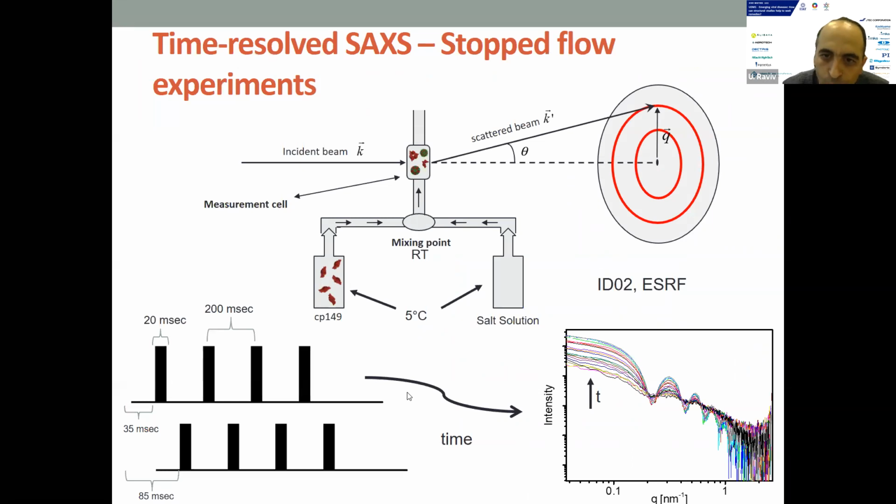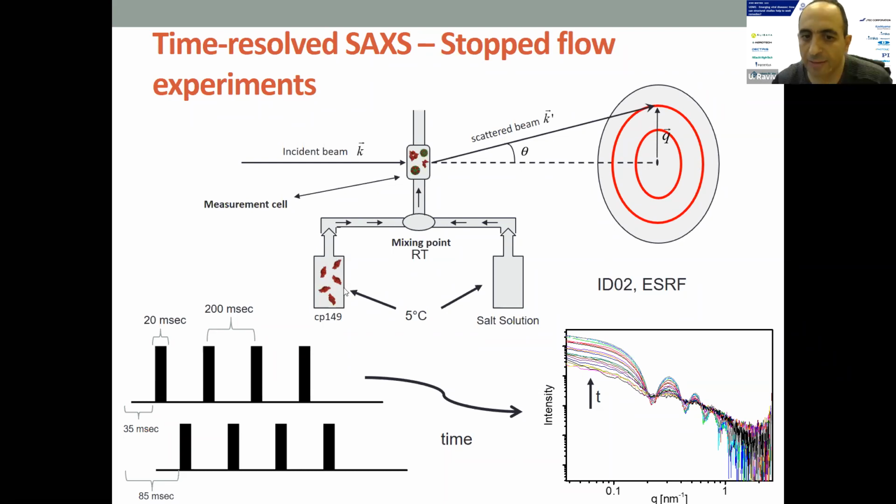And then the pathway for assembly was resolved by time-resolved SAXS using the stop flow setup at ID2. On one hand, we had the dimers at low temperature, and the second injection was the salt solution that was enabling the assembly.